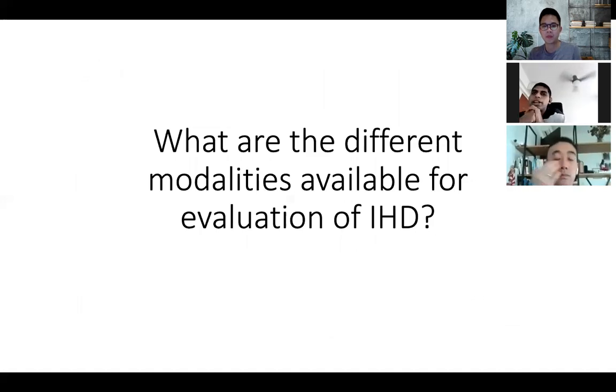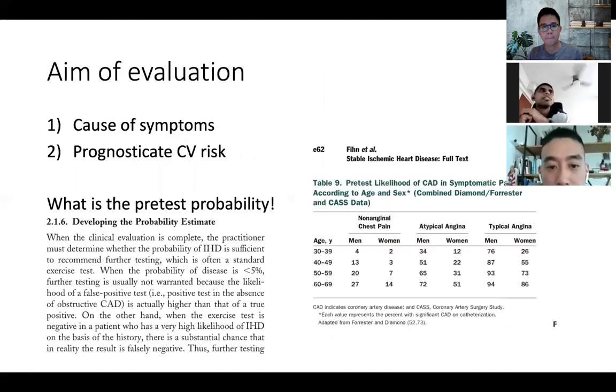So Dr. Kwa, maybe you can help educate us with regards to the different modalities that we use for evaluation of IHD. Yeah, so the two main aims of evaluation: first, you want to know whether ischemic heart disease is causing this patient's symptoms.